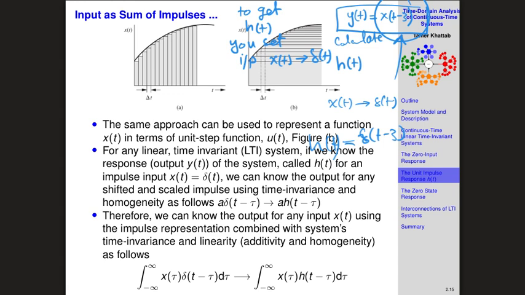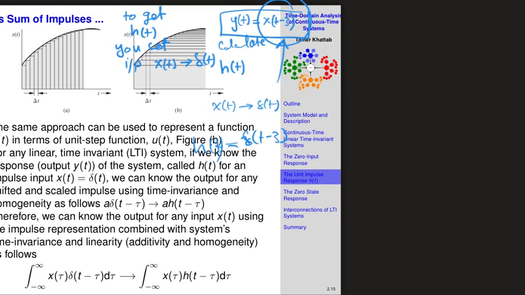Delta of t minus 3. That's the output for an impulse input. Think of it this way, just to remove any further confusion. This is the system that I'm talking about. The input to this system is x of t.